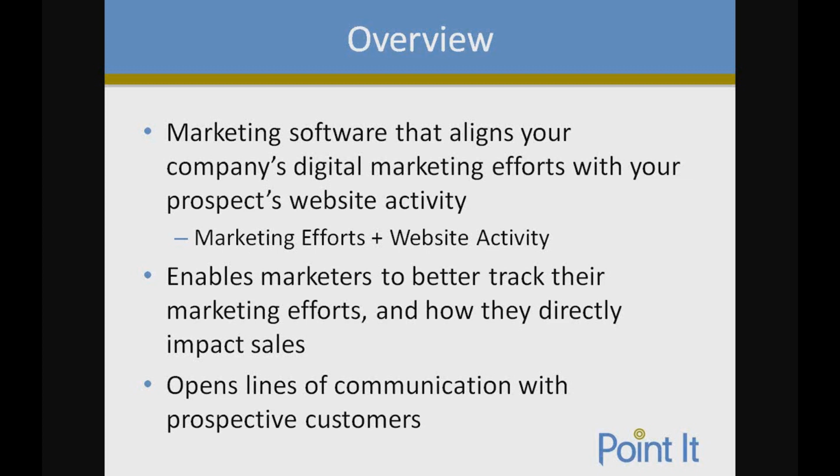As a marketer, marketing automation will enable you to better track what your marketing activities are doing, how they directly impact sales, and what leads are responding to in terms of your marketing activities. In addition, marketing automation helps your sales team by opening the lines of communication with that lead through targeted email messaging about what that lead is interested in doing.